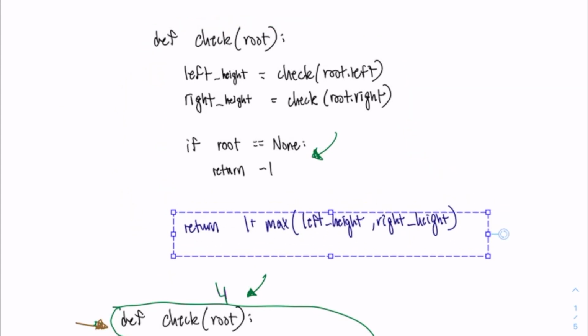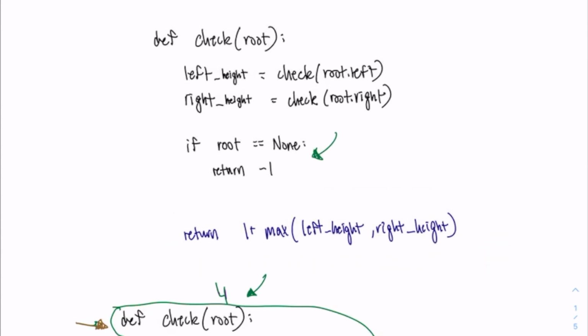And it'll occur right before we calculate the height, where we say if absolute value of left height minus right height is greater than 1, we return -2. This number can be anything.